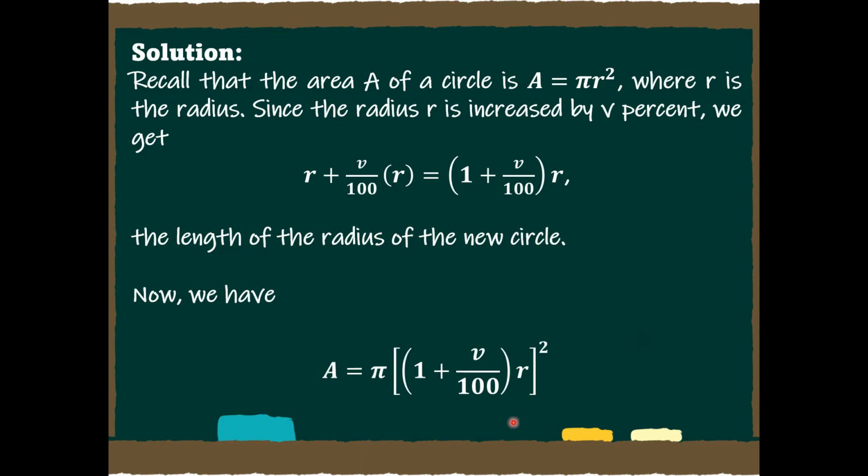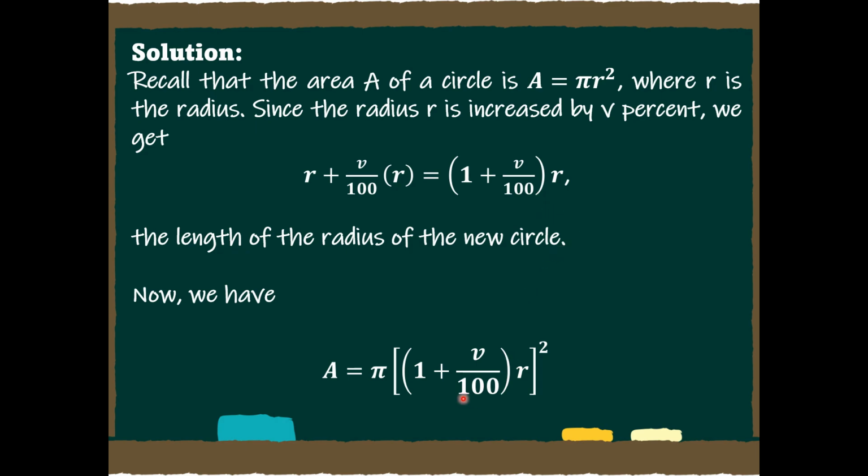Then we have this formula, applying the formula of getting the area of the circle. So we use this one, the length of the radius of the new circle, because again, the radius is increased by v%.